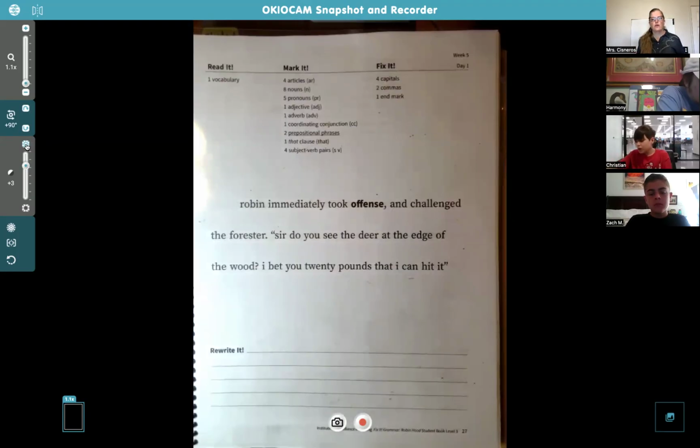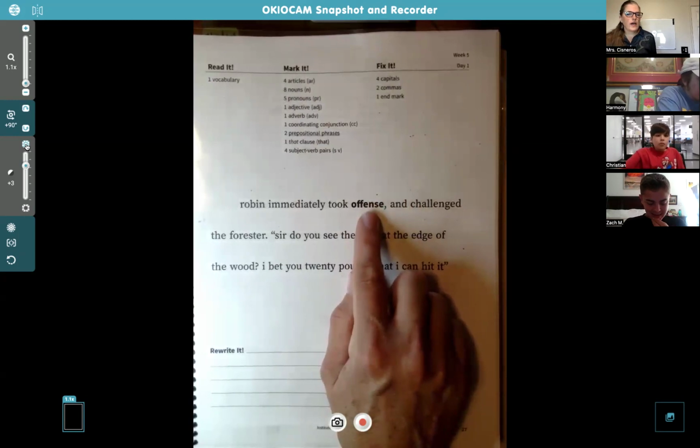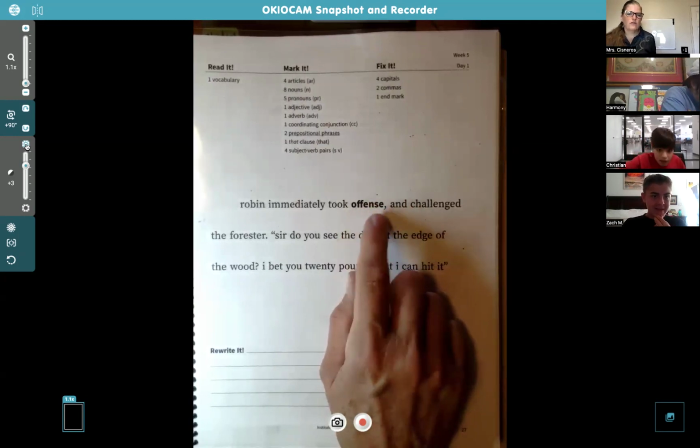Good, nice reading. So really quick, that word pounds is how they count their money or the name of their money in Europe. Okay, so different continent, really. We say dollars, they say pounds, 20 pounds. But our vocabulary word is offense, took offense.